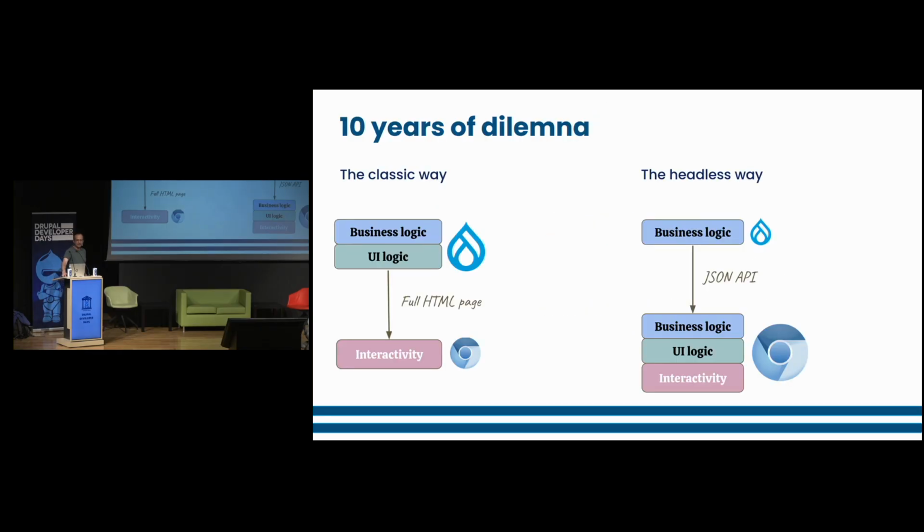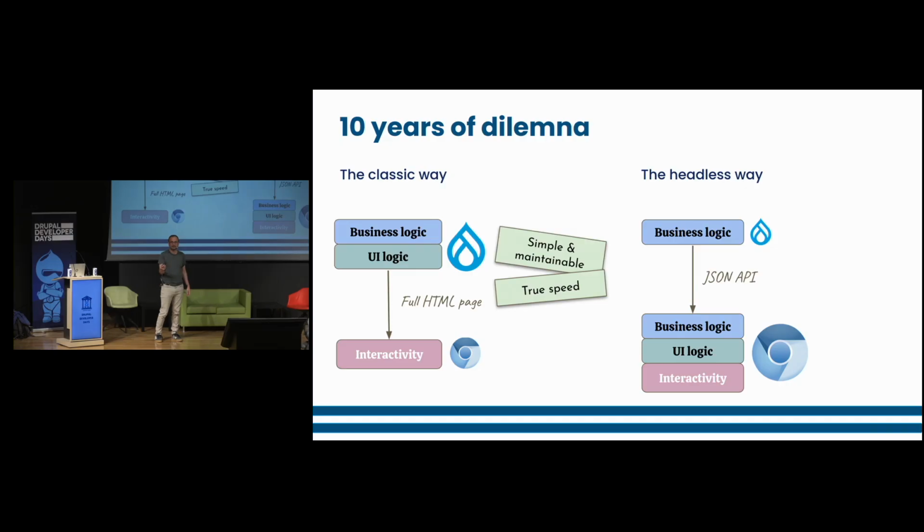It's a new core API, and it resolved 10 years of dilemma. We told ourselves for 10 years that there are 2 ways of doing a website, the classic way and the JS way. And the classic way was simple, maintainable, and was fast.